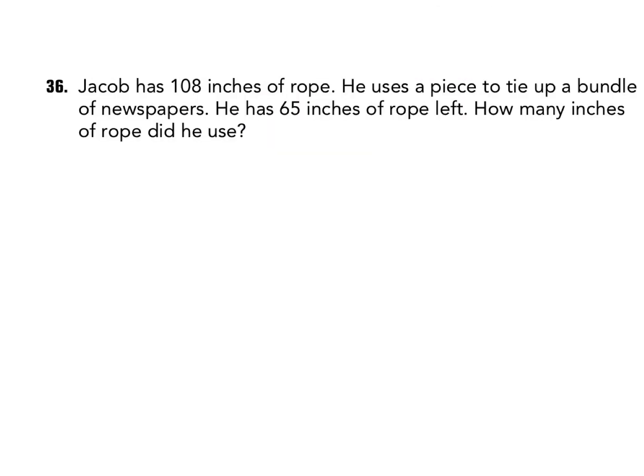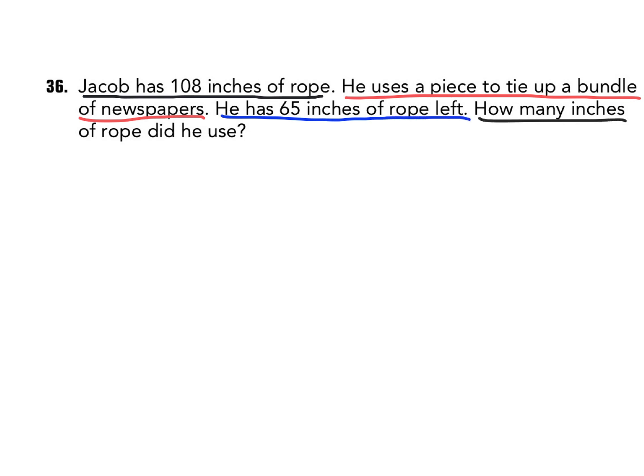Number 36, Jacob has 108 inches of rope. He uses a piece to tie up a bundle of newspapers. He has 65 inches of rope left. How many inches of rope did he use? Okay, so one way of doing this, we could think about with the bar diagram.